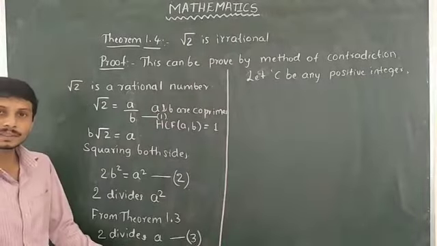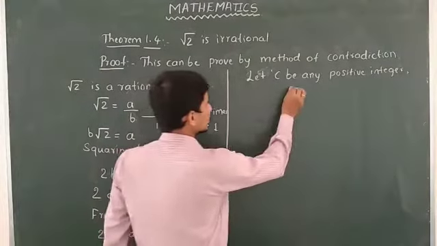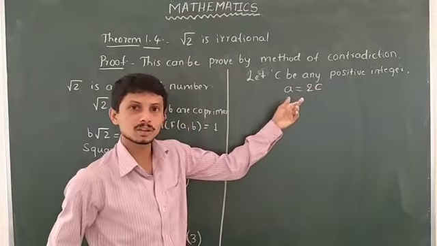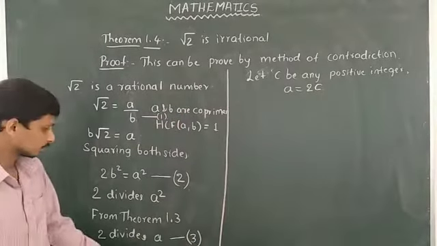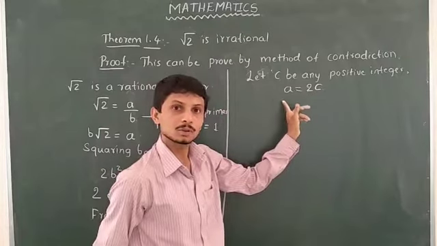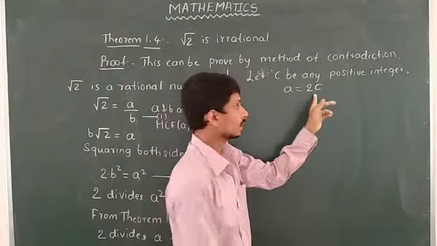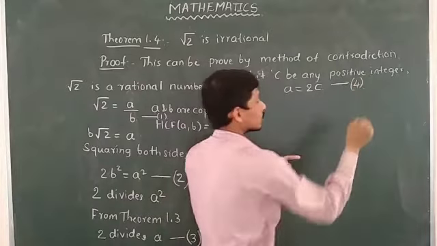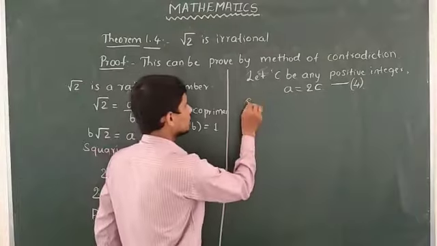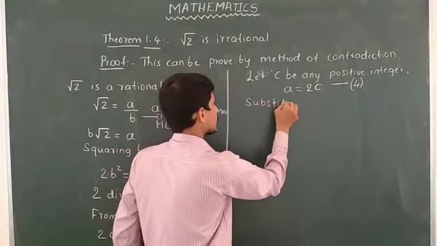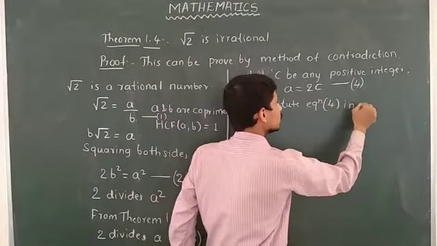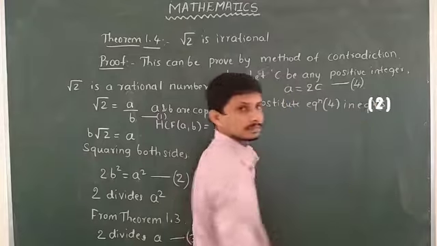If 2 divides a, then a is equal to 2 into c. This is equation number 4. The value does not disturb anything, because from equation number 3, 2 divides a. So substitute a equal to 2c, equation 4, in equation 2.